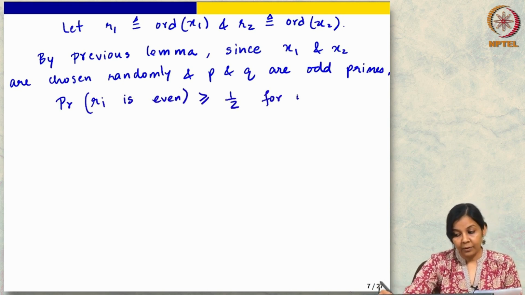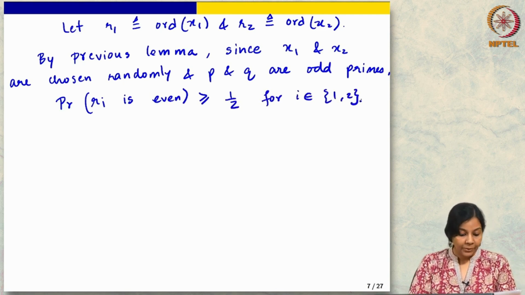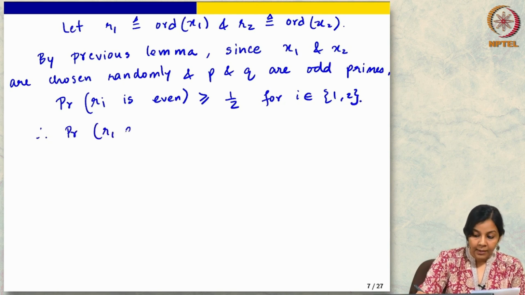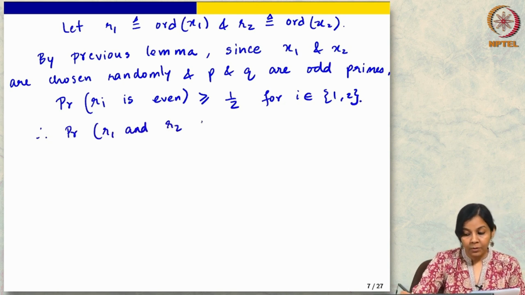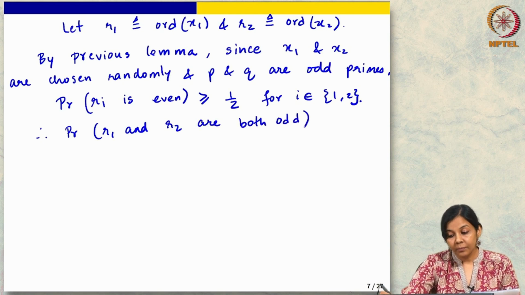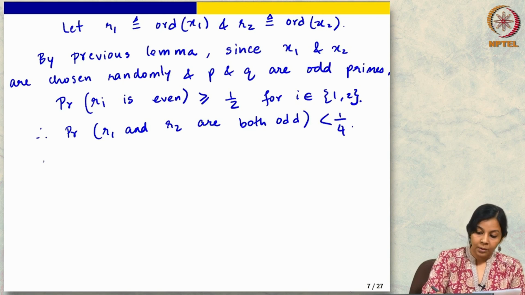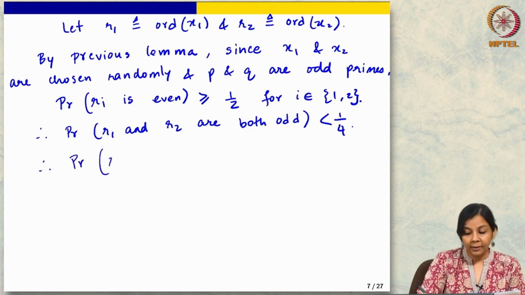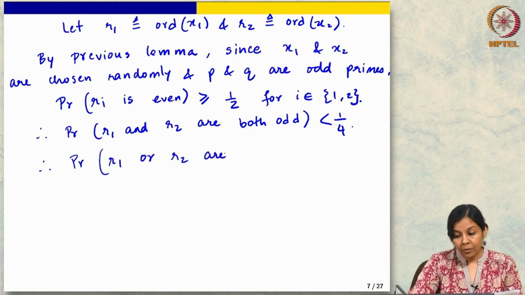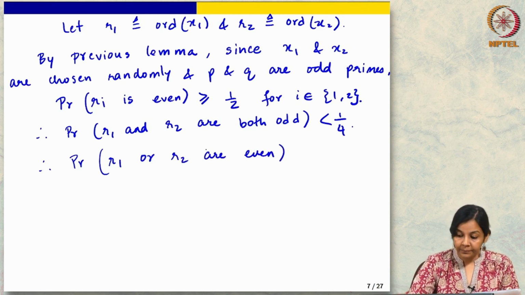This is for i in 1, 2. Therefore, the probability that R1 and R2 are both odd happens with probability less than 1/4, which in turn implies that the probability that R1 or R2 is even is at least 3/4.